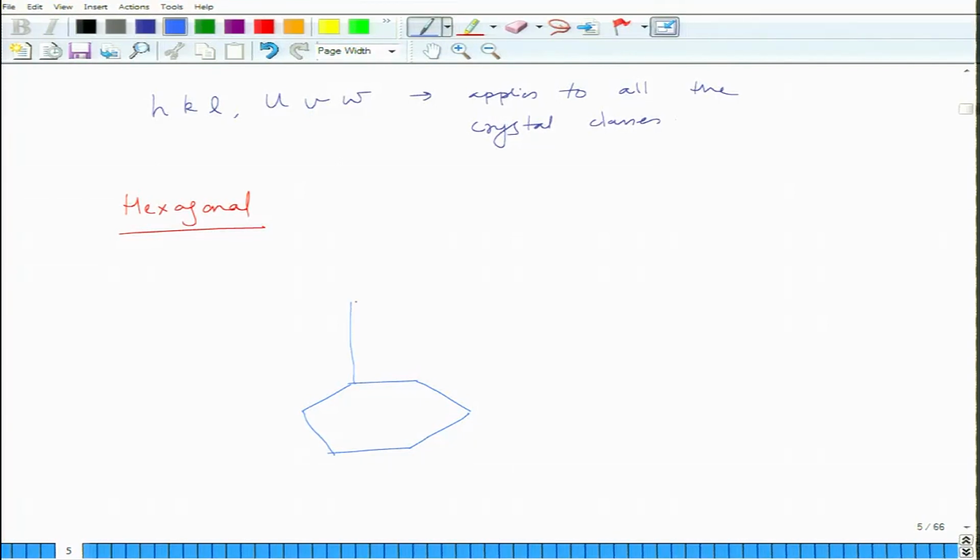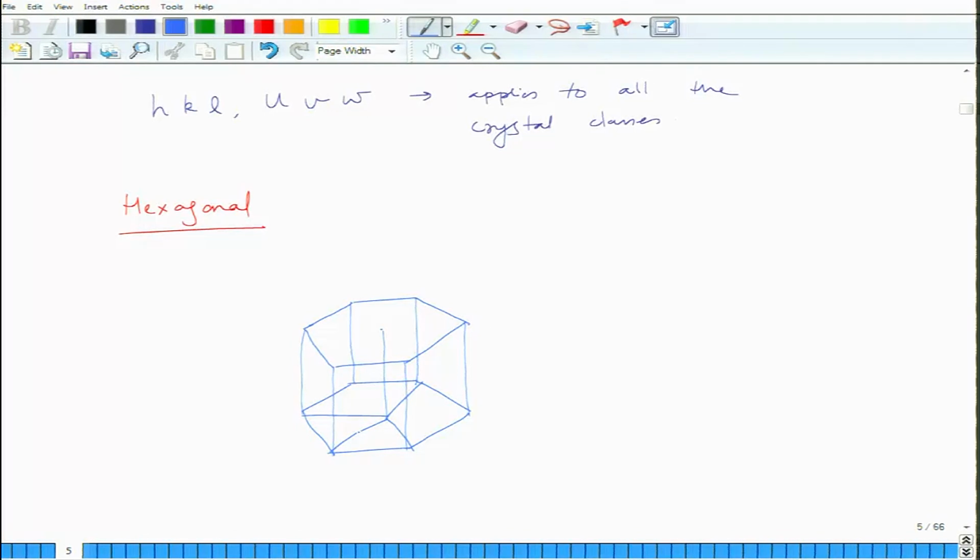Okay, let me draw how well I can draw. Okay, this is my hexagonal system, and this is the first one, this is the second one, this is the third one.